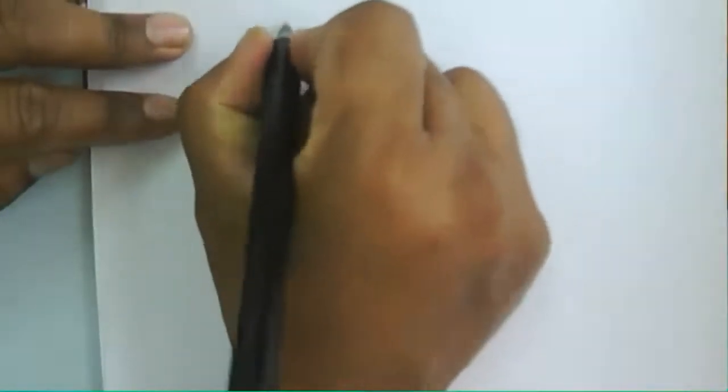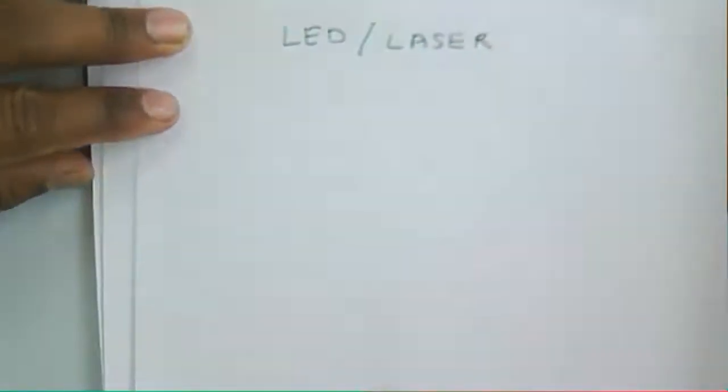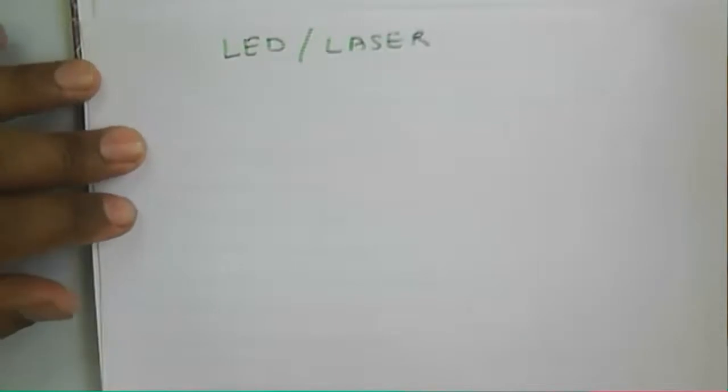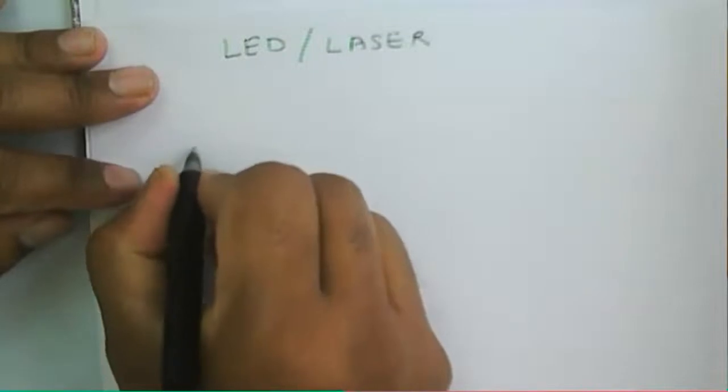Now then, there are the types of modulation circuit we require, because if you consider a source, that may be an LED or a laser, in that case we require a separate modulation circuit to convert that electrical signal to the modulated light.